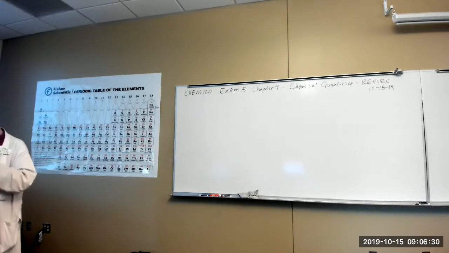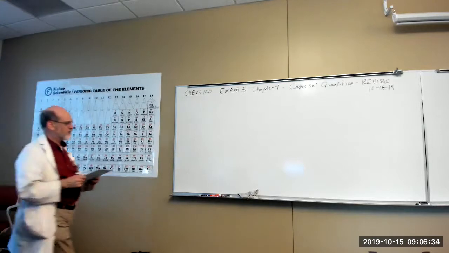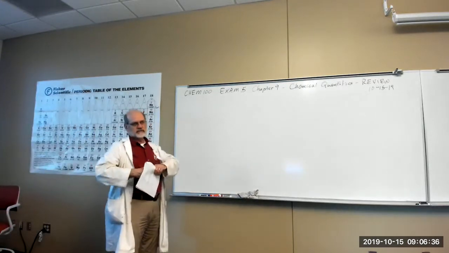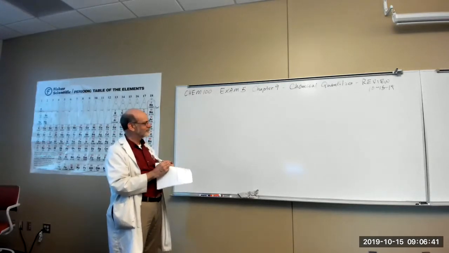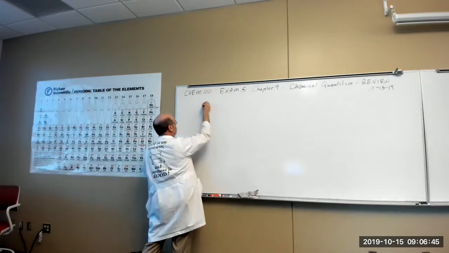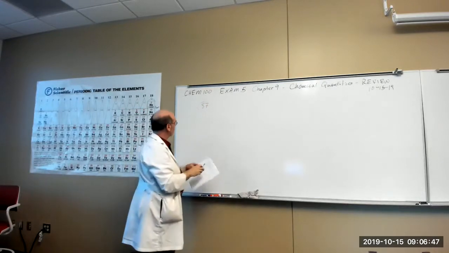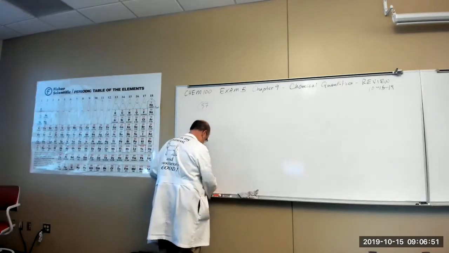I know we've done this type of problem, but I think we've touched on every possible type of problem so far. So now we're just getting practice. 87. Last one in the bunch. I see the handwriting on the wall there. Let's try this one.